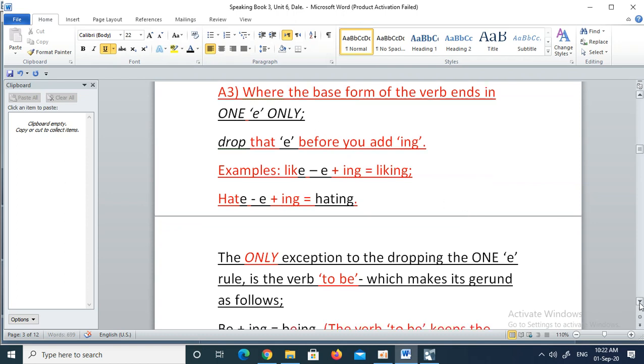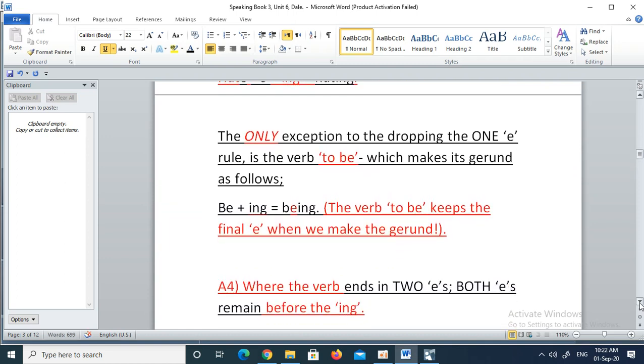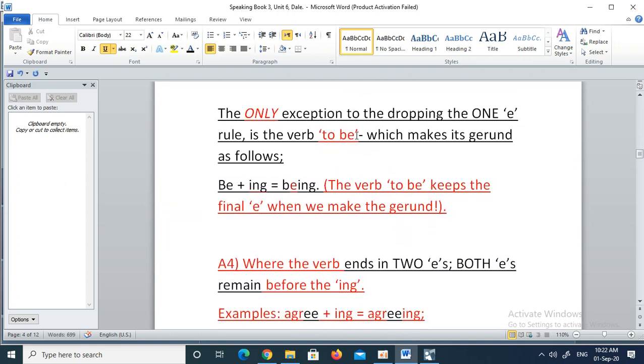There is only one exception to the one E rule, and that is the verb to be. The verb to be takes its gerund as follows: be plus ing equals being. The verb to be keeps the final E when we make the gerund. So every other verb with the final one E drops it, but the verb to be keeps it. Okay.